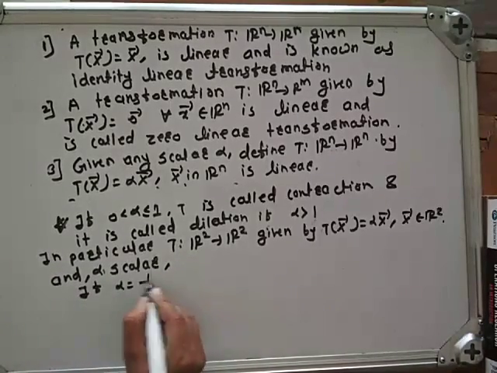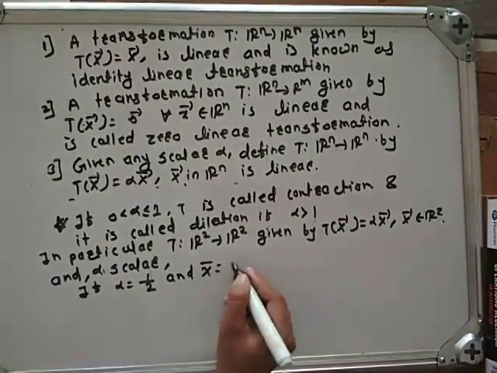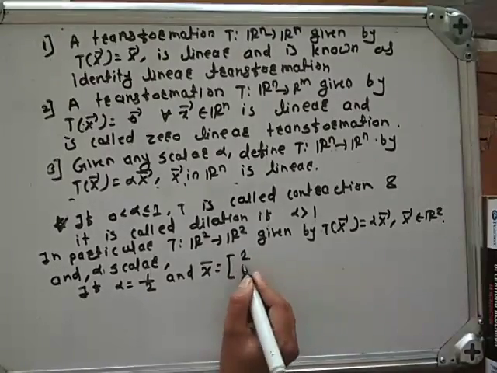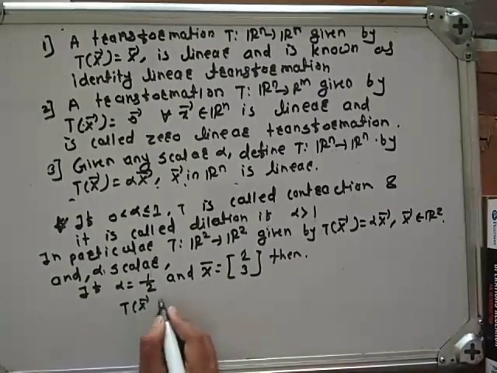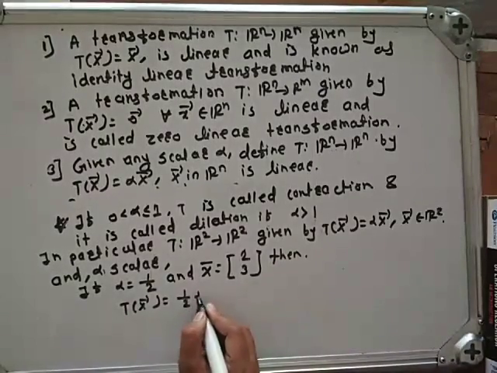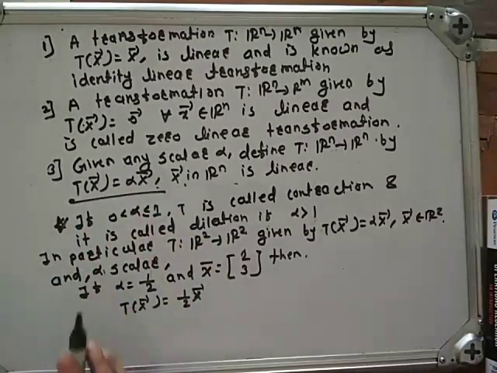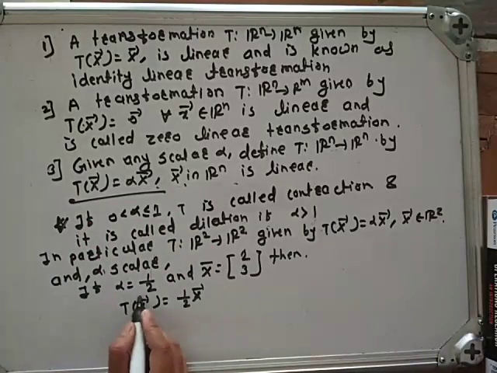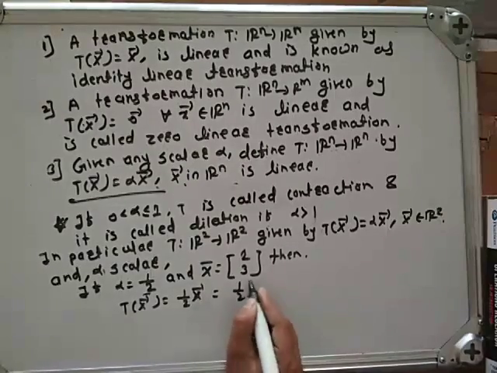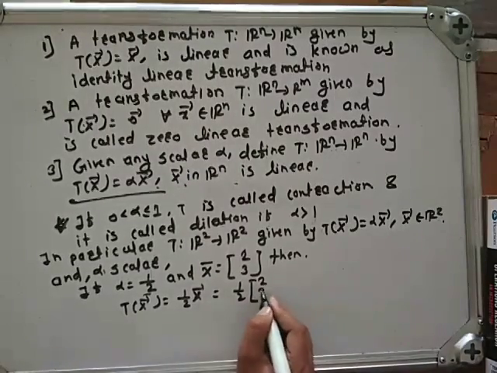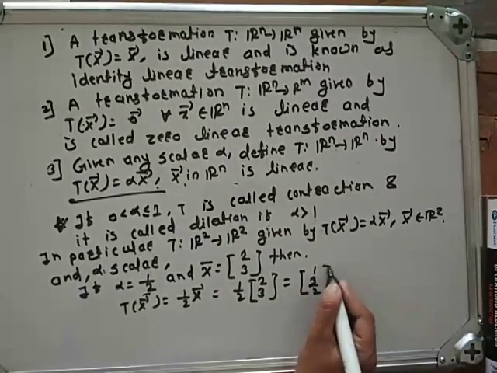If alpha is equal to 1 by 2 and suppose x bar is equal to the matrix 2, 3, then T of x bar is equal to 1 by 2 into x bar, because your transformation is T of x bar equals alpha into x bar. Here alpha is 1 by 2, so 1 by 2 into x bar is nothing but 1, 3 by 2.